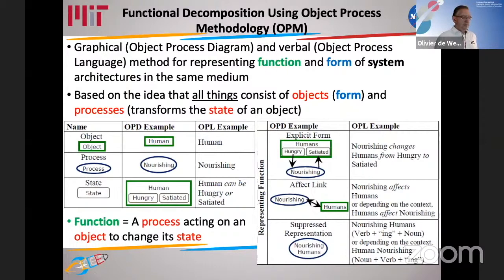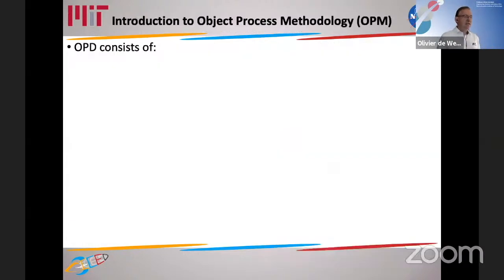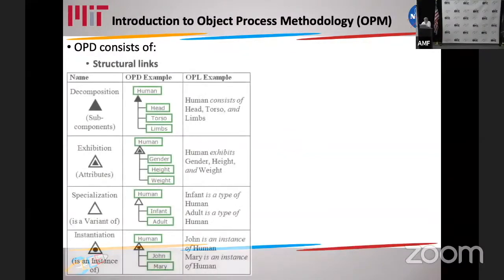And we can just suppress the representation of the objects and talk about nourishing humans if we want to keep it really simple. But what is a function? A function primarily is a process acting on an object to either create or destroy the object or consume the object, or more frequently, to change its state, one or more states.